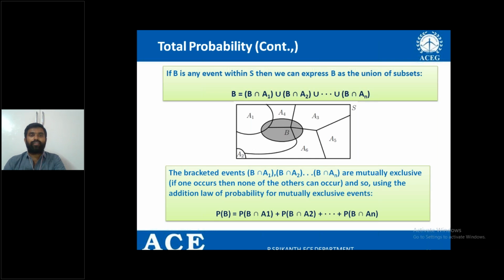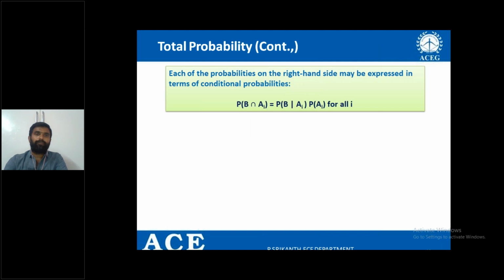So that is the way to define the total probability of any event B, if that B is depending on the other events from A1 to An, right? So that is the way to define the total probability.